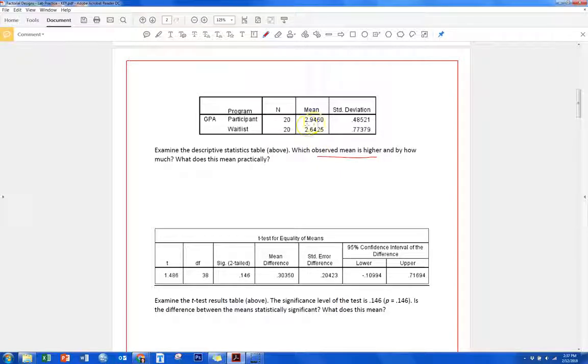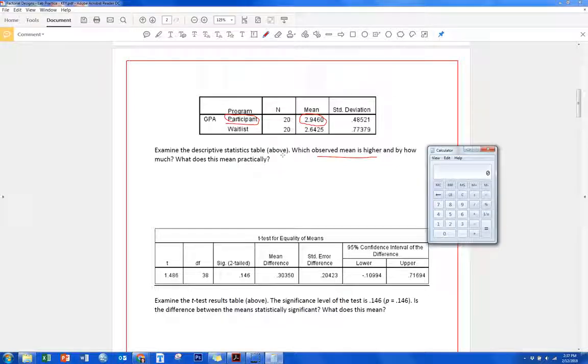Let's take a look. 2.946 versus 2.642. This one is higher. This is a bigger mean. And this is the participant condition. So they did have on average higher grades. By how much?